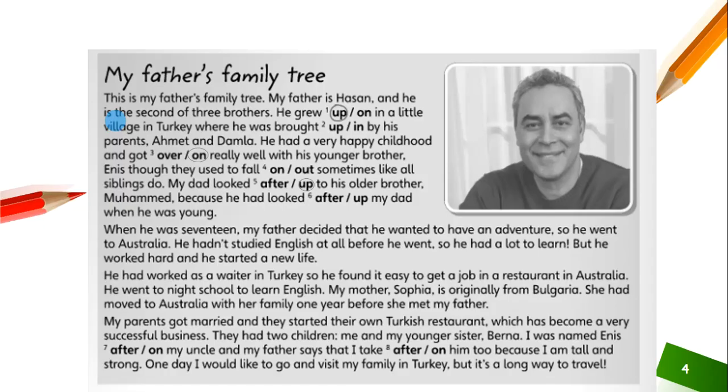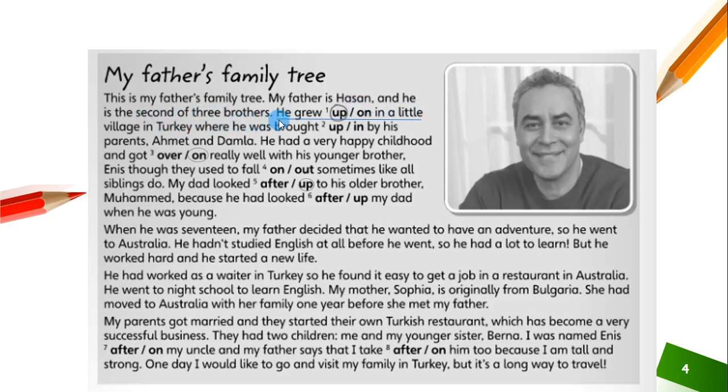Let's take this text, for example, my father's family tree. Let's see what are the main things that you have to mention when you write about someone in your family's history. We'll start with, for example, here. After he said who this person is, he gave us the name and what is the order in his family.